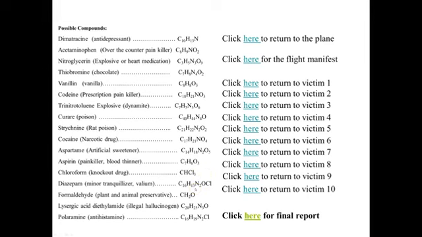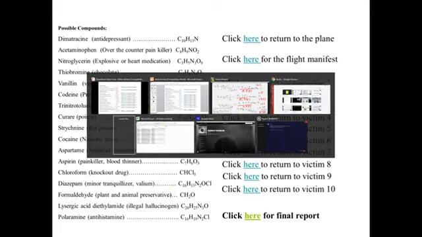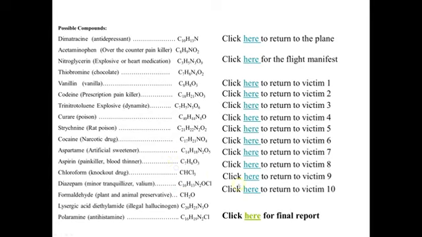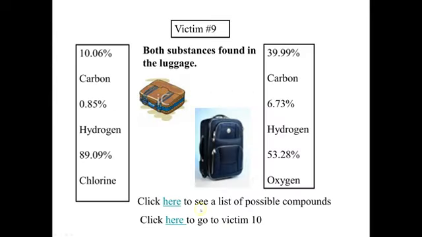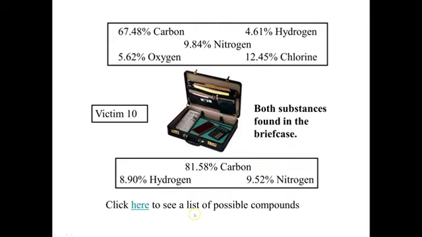C16H13. Oh, I didn't do the nitrogen. Was there nitrogen in that compound? One second, guys. Was there nitrogen in this compound? This is victim number 9. No, this is victim number 10. Oh, there's nitrogen. 9.84 nitrogen.